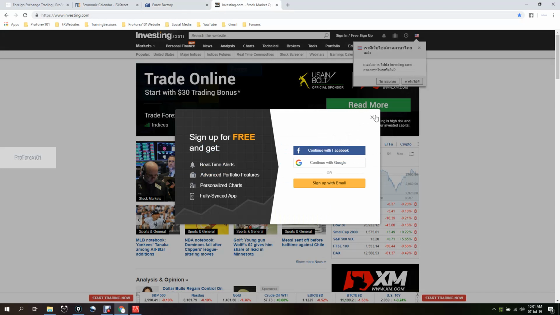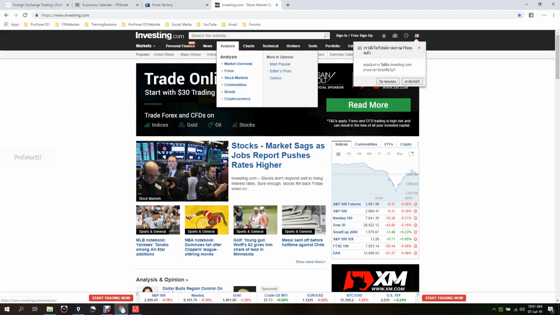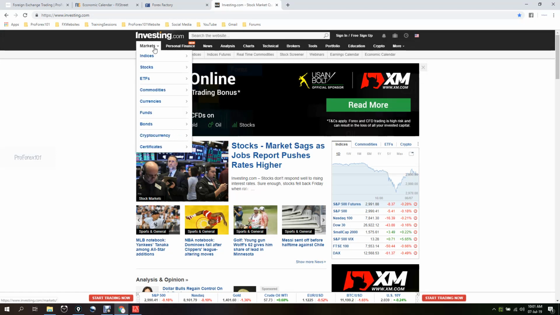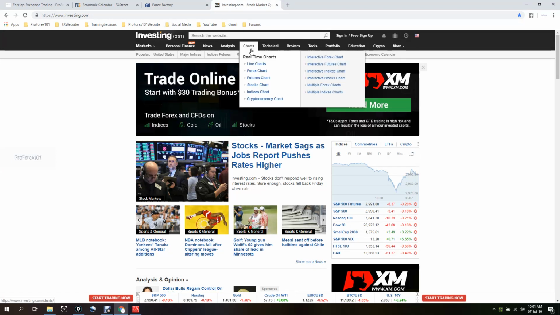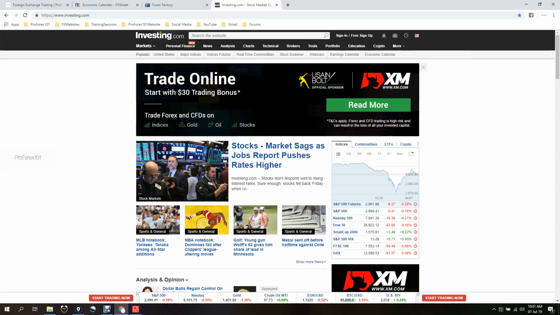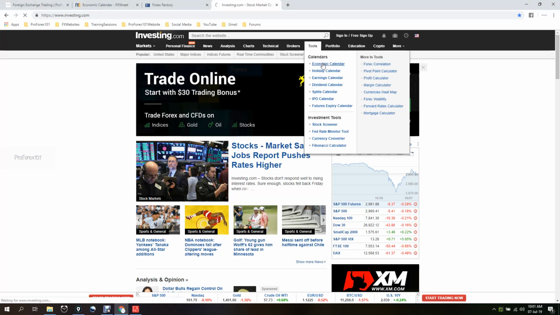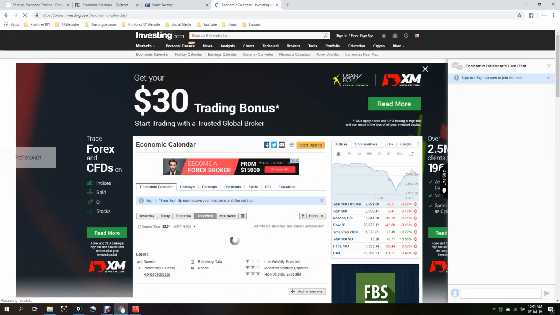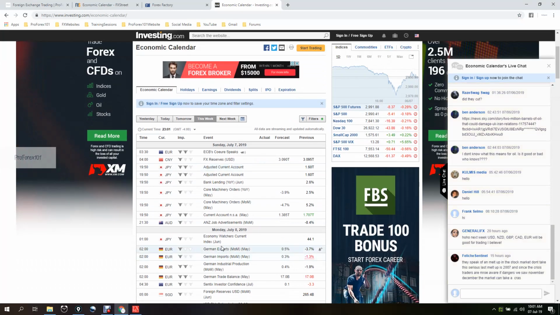And the Investing calendar, if it loads, let me go to the calendar. So tools, economic calendar. So different sites, depending on how they're displaying the data, will have different ways of showing the impact.